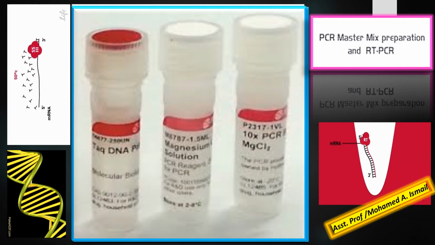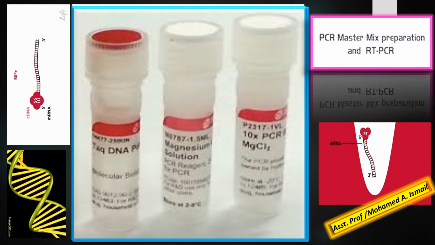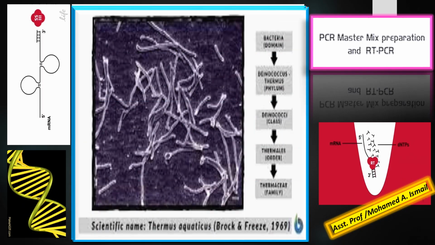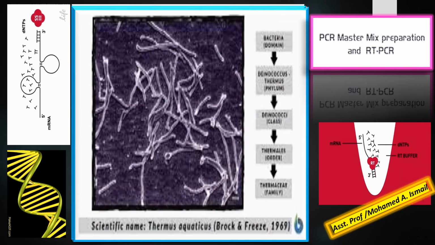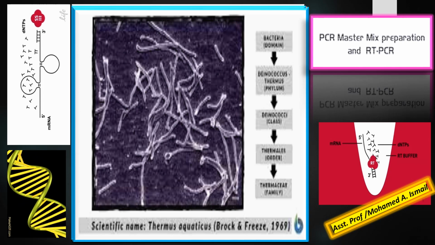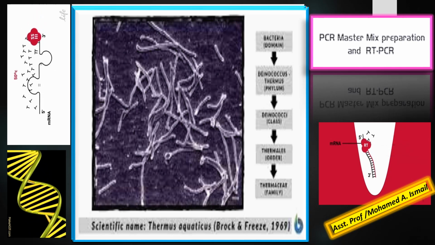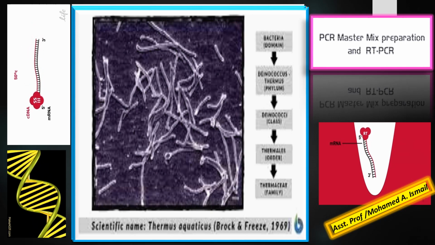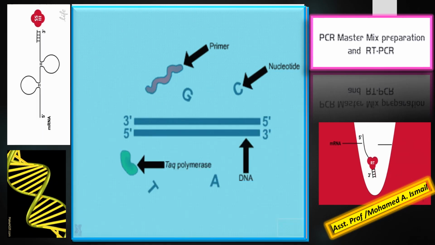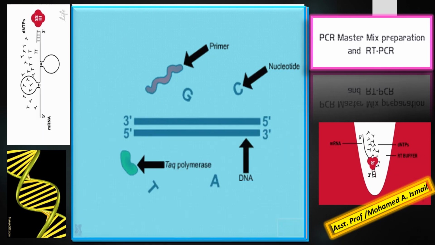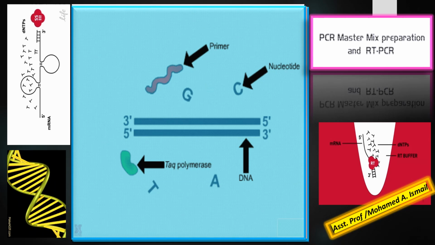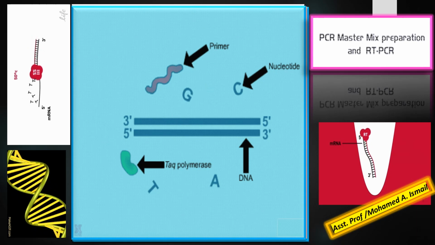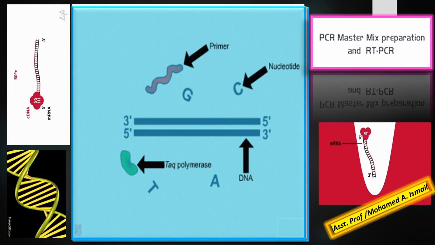As we know, Taq polymerase is a thermostable enzyme derived from the bacterium Thermus aquaticus, so it takes the abbreviation Taq. It is able to recognize the primer-template duplex and makes a complementary copy of the template by adding nucleotides to the primer.